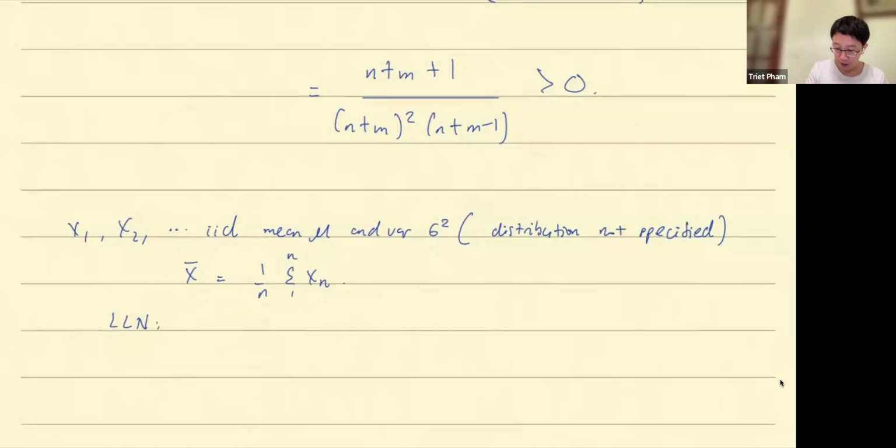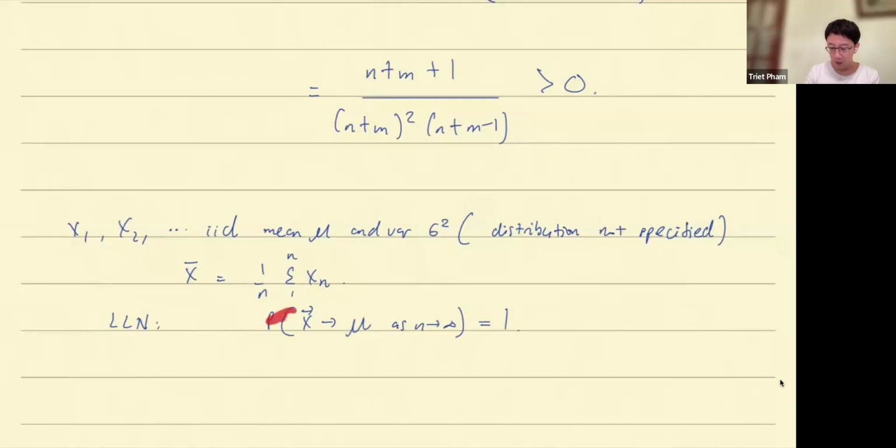The law of large numbers says that x bar goes to mu as n goes to infinity with probability equal to 1. So that's the law of large numbers.